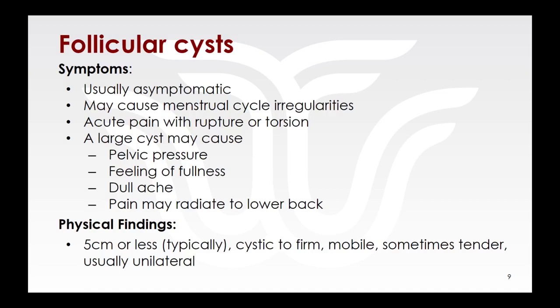A large cyst can cause what we call a torsion, which basically means the weight of that cyst on the ovary twists either the fallopian tube or the ovary upon itself, cutting off blood flow, which is very painful and an emergency situation. So again, it's typically 5 centimeters or less, cystic to firm, mobile, sometimes tender, and typically unilateral.